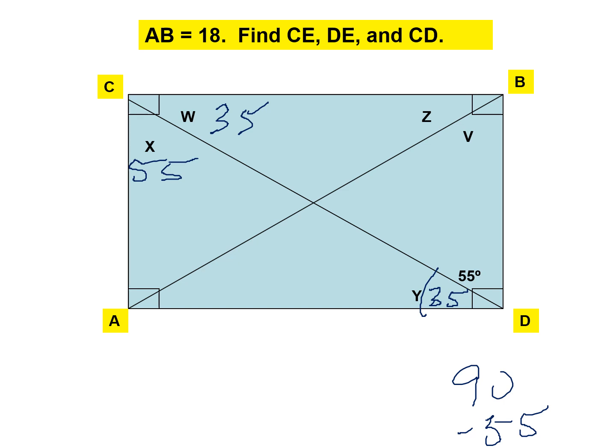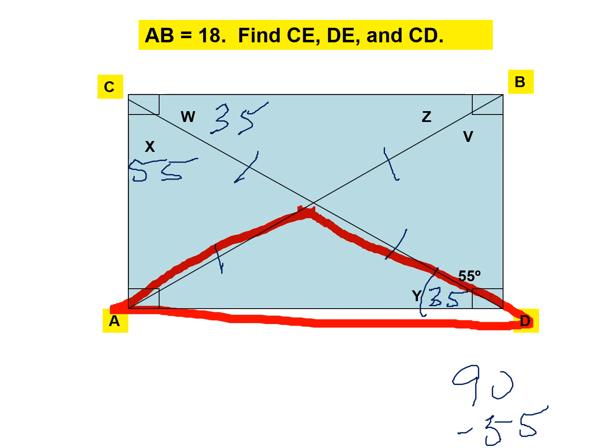But remember back to those matching pieces. If I had piece here, matching the piece here, and the piece here, matching the piece here, I end up getting an isosceles triangle right here. Each one of these triangles is isosceles.